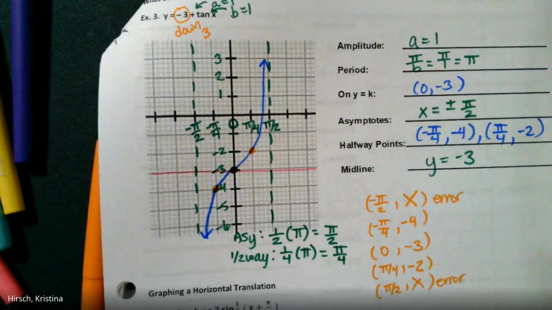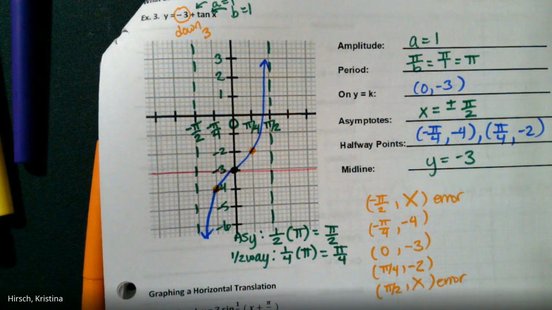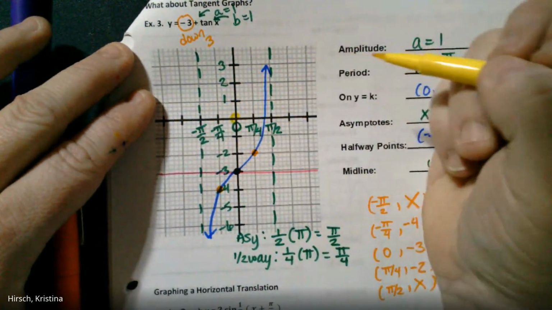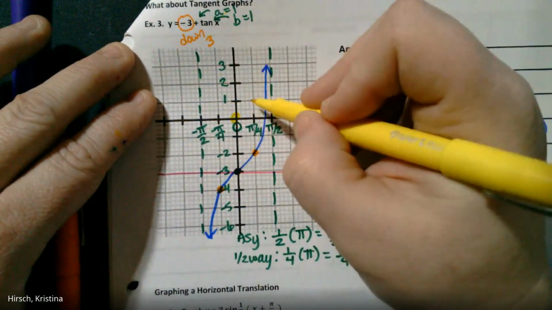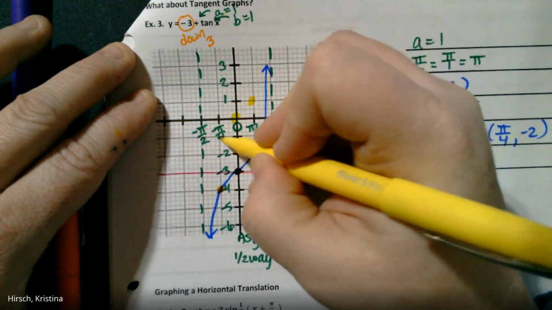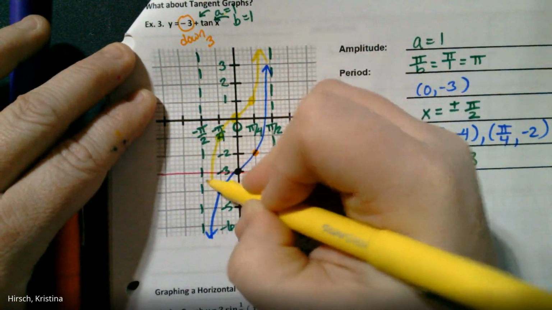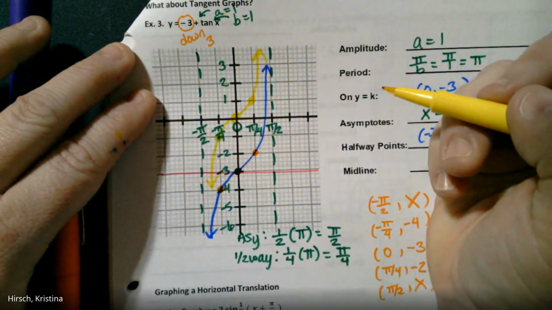Now without having the calculator, you would have to think about what my original tangent graph would be. My original tangent graph would have started at 0, 0, and I would have had an a value of 1, an amplitude of 1. So I would have had a point here and a point here. I would have curved up and curved down. That would have been my original.